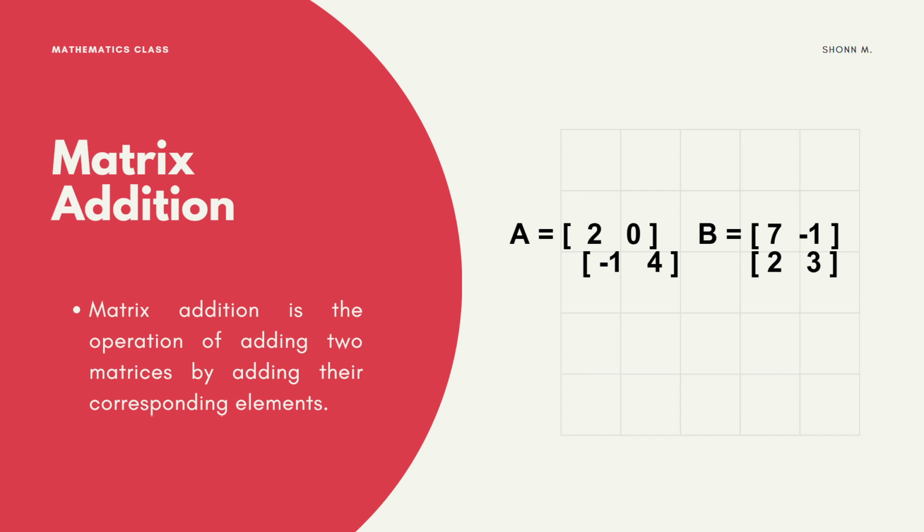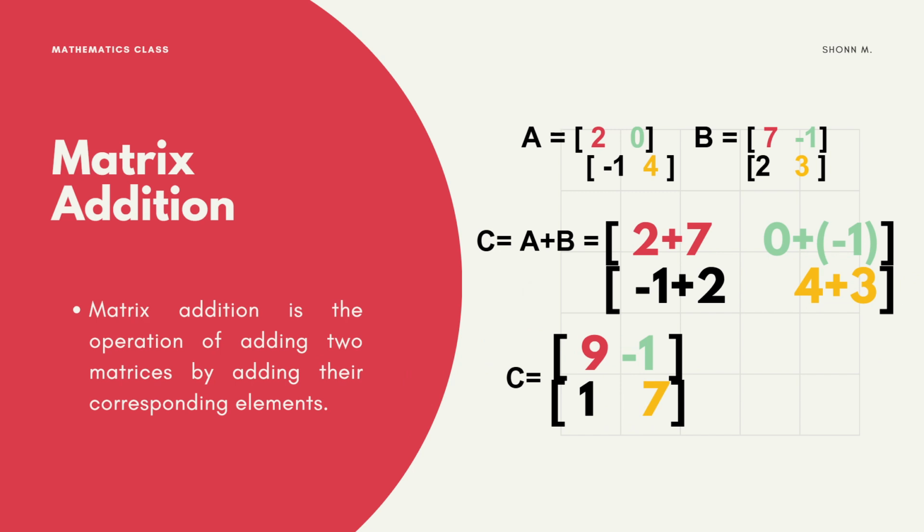And to add matrices, they must have the same dimension, same number of rows, and same number of columns. So these two, both are 2 by 2, so we can proceed.